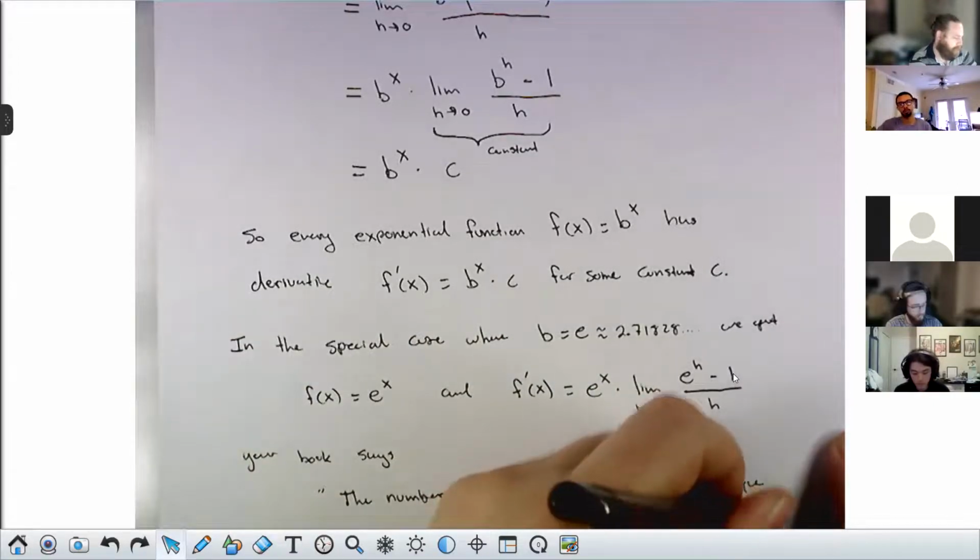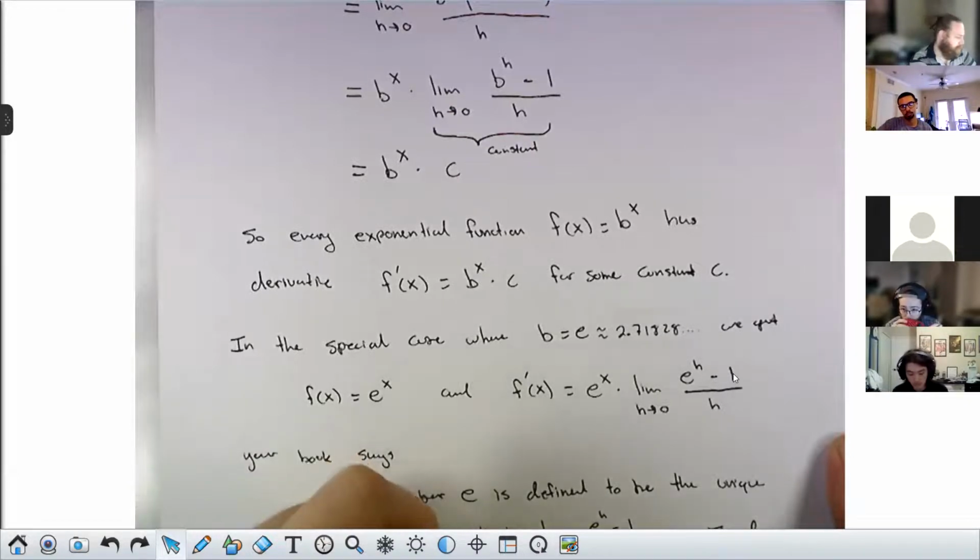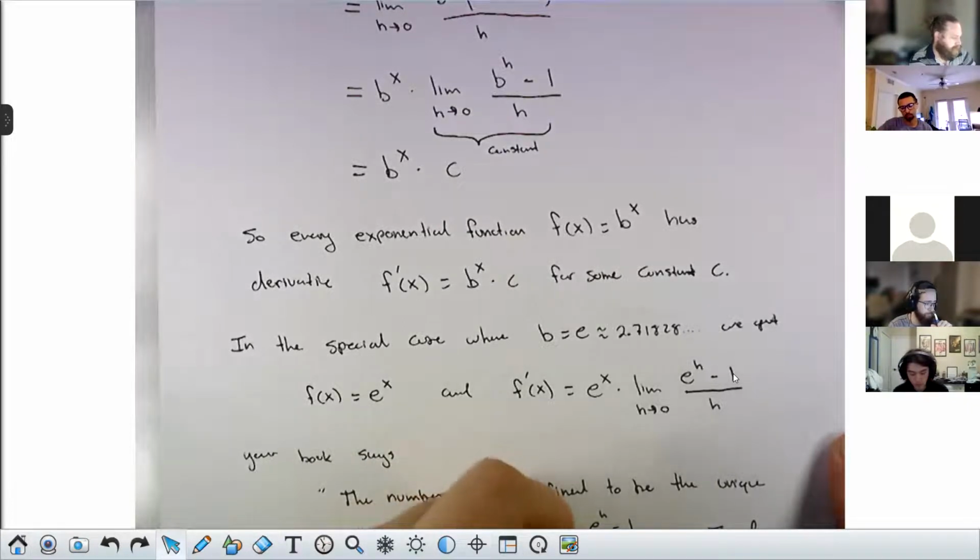Therefore, f prime of x is e to the x times that limit, which is just e to the x.